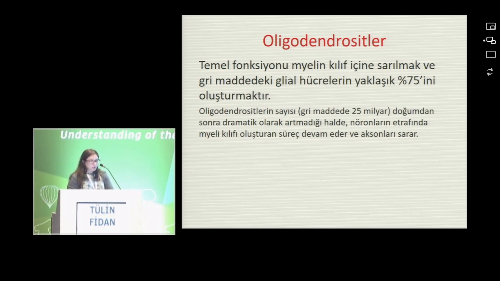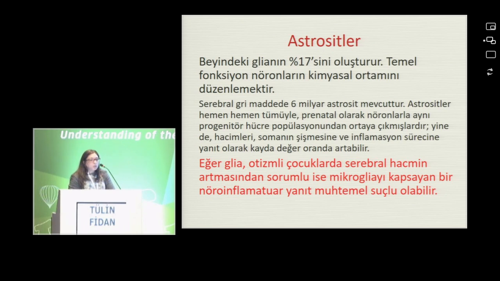There are 3 types of cells apart from neurons: oligodendrocytes, astrocytes, and microglia. Astrocytes regulate the chemical environment of neurons.